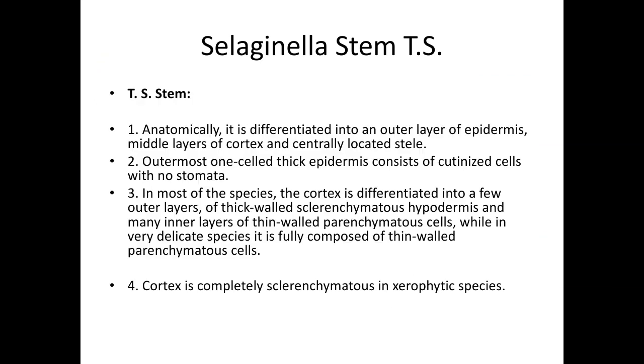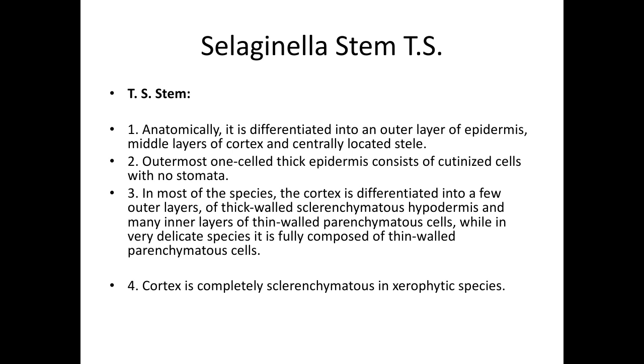Selaginella stem T.S. Anatomically, it is differentiated into an outer layer of epidermis, a middle layer of cortex, and a centrally located stele. The outermost one-cell-thick epidermis consists of cuticularized cells with no stomata.